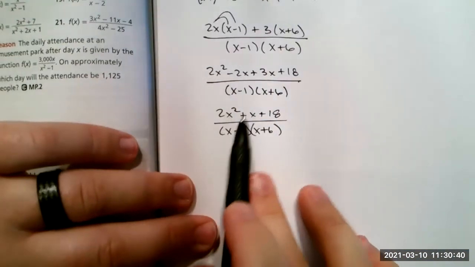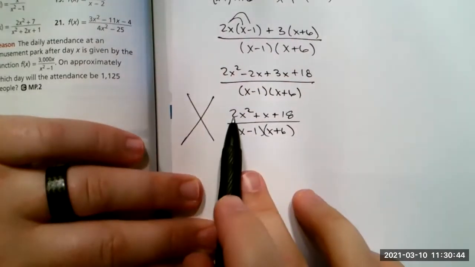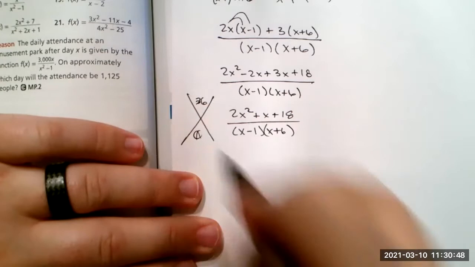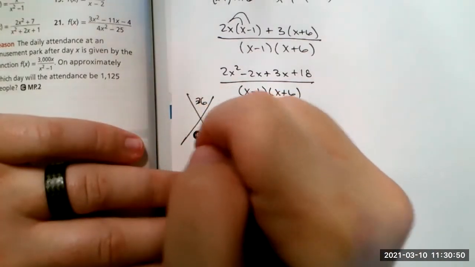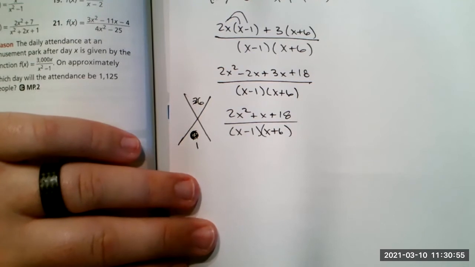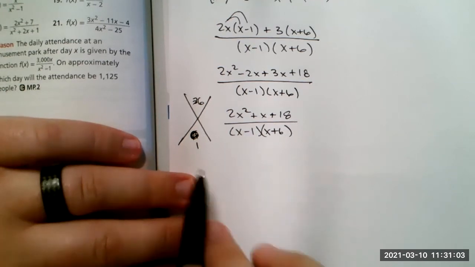Now I've got a quadratic up in my numerator, so I know I'm going to have to factor it. 2 times 18 is 36. The B value is 1, not 0. I need two numbers that multiply to 36 and add to 1. 9 and 4, 6 and 6, but they're not one apart.